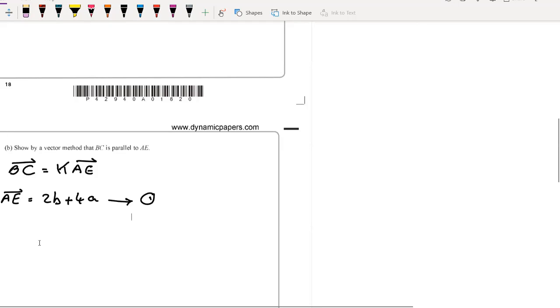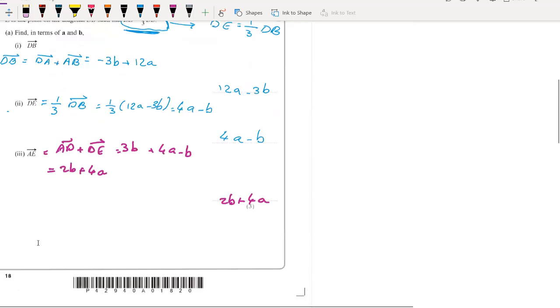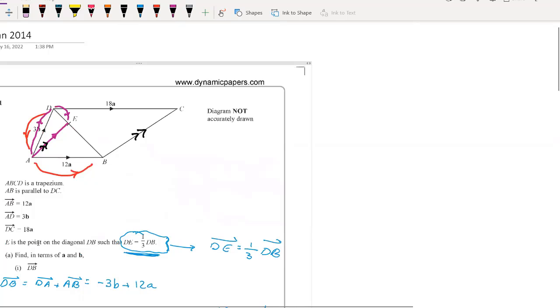The other part is BC. We want to get vector BC. Vector BC is going to equal to, I will move in this direction. BC is equal to BA. So I'm going to move in this direction.